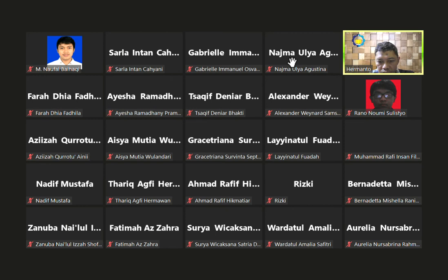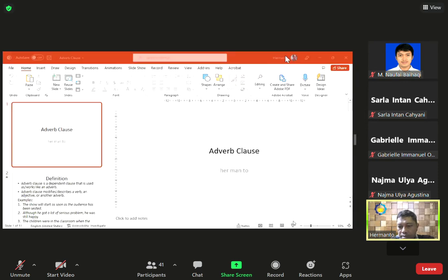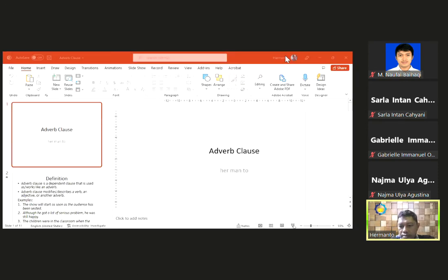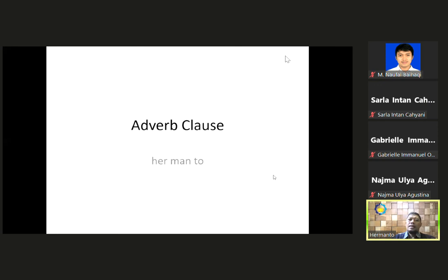The first one, let me explain the adverb clause. Let me share the material. You can find the material on the classroom also. Is it visible, everybody? Adverb clause.